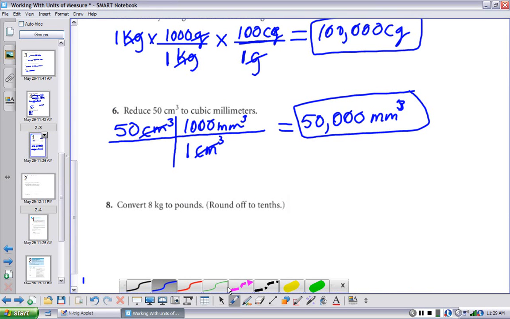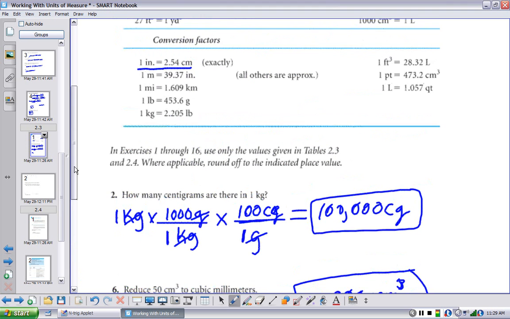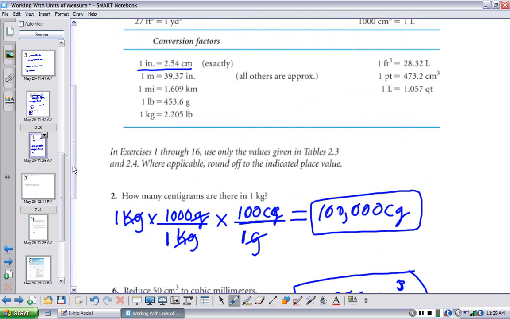Number 8, we are doing 8 kilograms to pounds, and they say round to the tenths. So let's go up here and let's look. Kilograms, pounds, it tells us 2.205 pounds is 1 kilogram. We start off with kilograms.